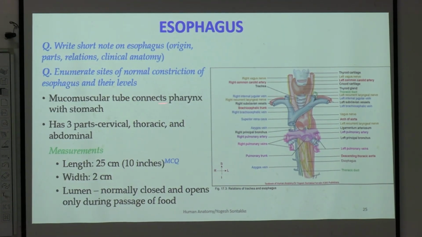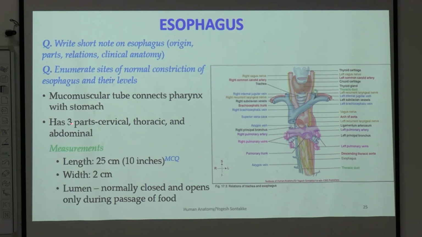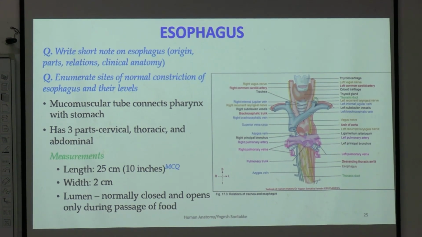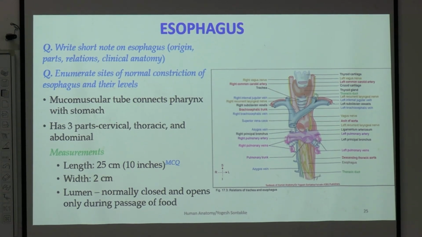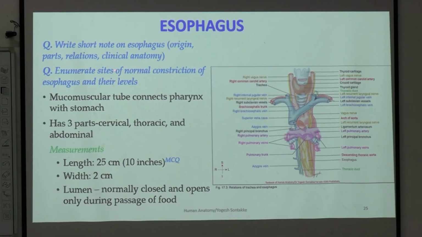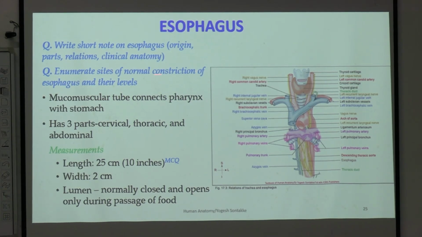Mucomuscular tube connecting pharynx with stomach. Has 3 parts: cervical, thoracic and abdominal. Now, enumerate sites of normal constriction of esophagus and their levels.